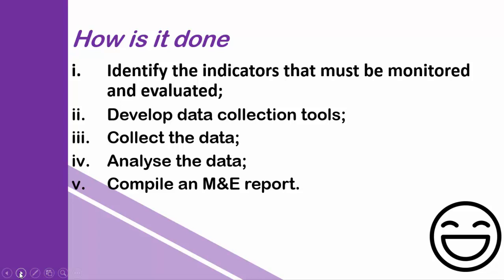But the key is to identify the key performance indicators. To get those key performance indicators, you need to look at the project document. If the project doesn't have a project document in place, you need to go to the logical framework.